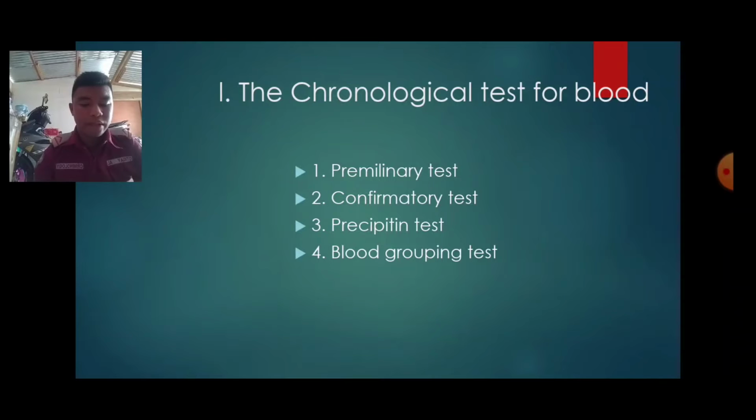So if the material injected is human blood, a precipitate is produced when the serum of the rabbit is added to human blood, and not with any other sort of blood.